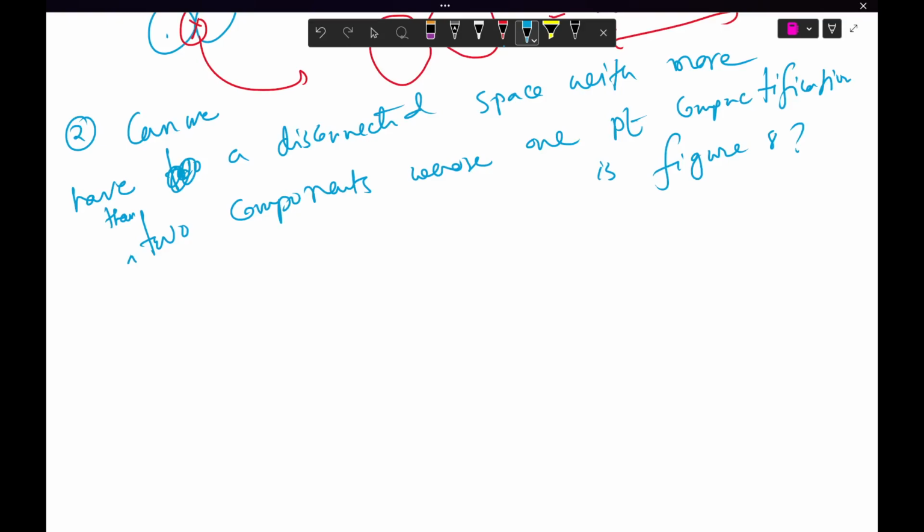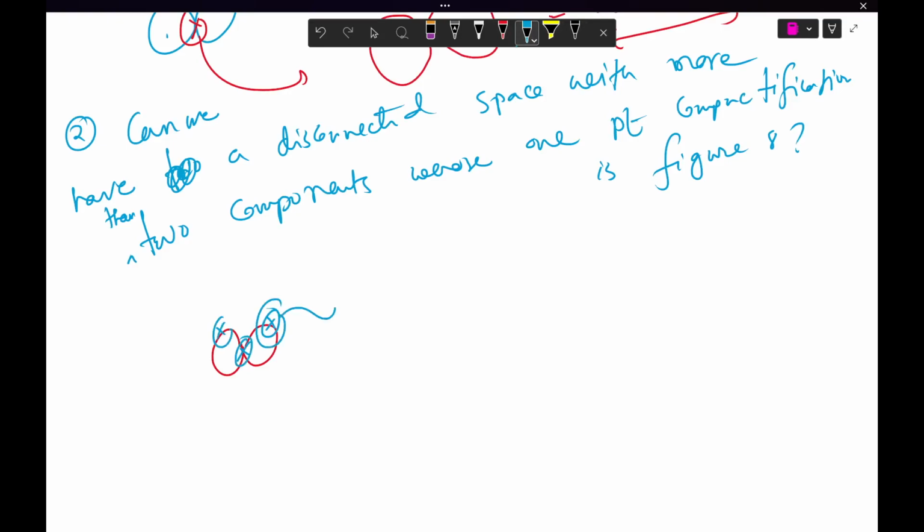So what is the idea? This figure 8, we need to remove one point such that after removing the point, the space becomes three components. Now, is it possible? We can remove one point from here, from here, from here.